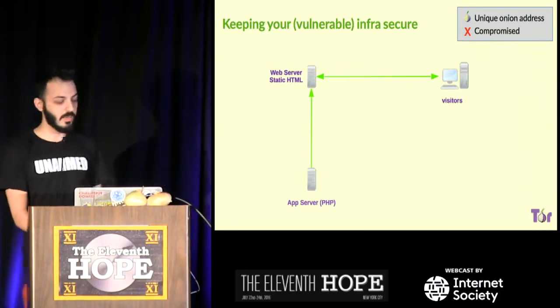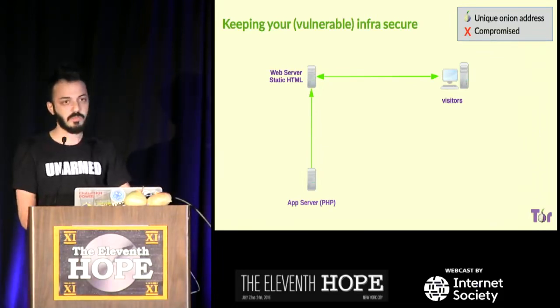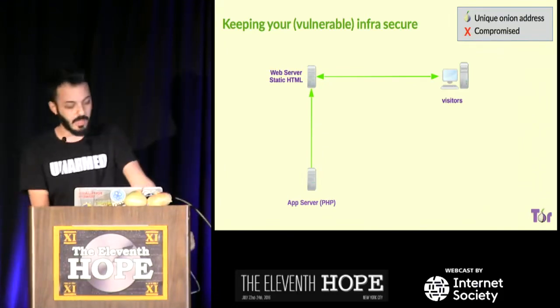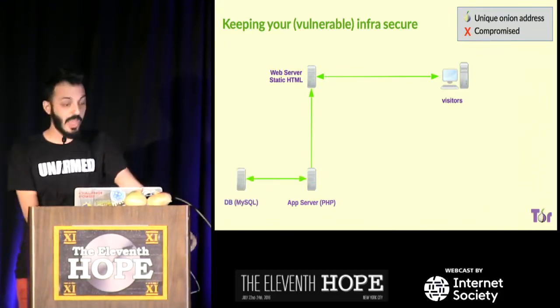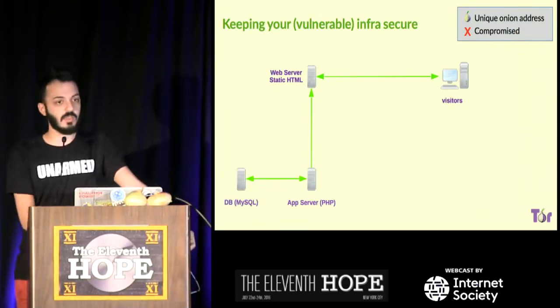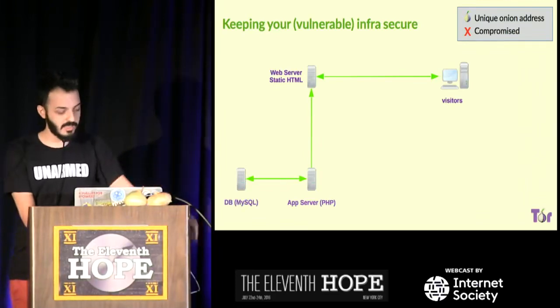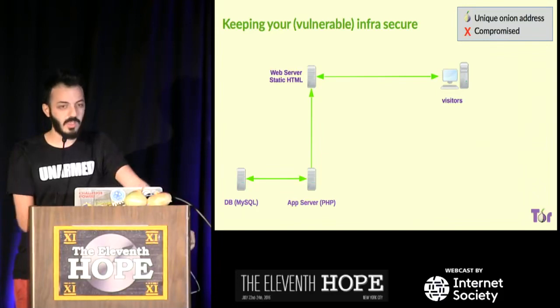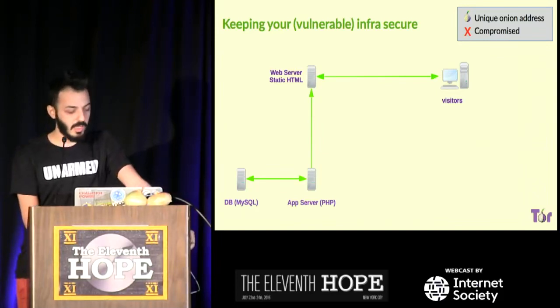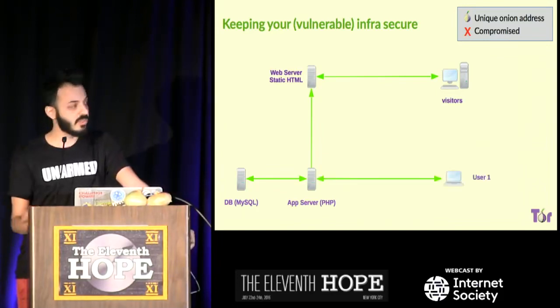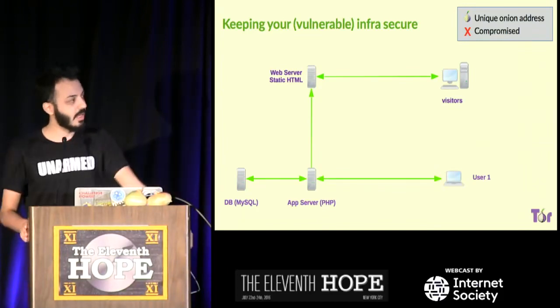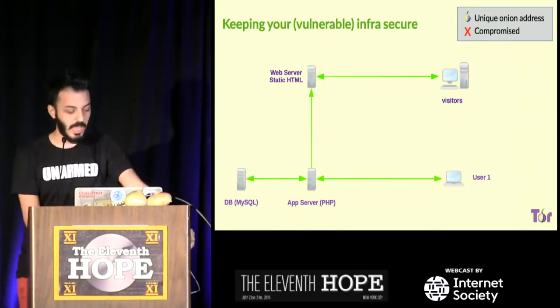There is an Nginx reverse proxy on the web server serving static HTML, and you have a MySQL DB. Imagine this is a WordPress website with a bunch of vulnerable plugins and whatnot, and then you have users, contributors to that website, who need to connect to the app server.